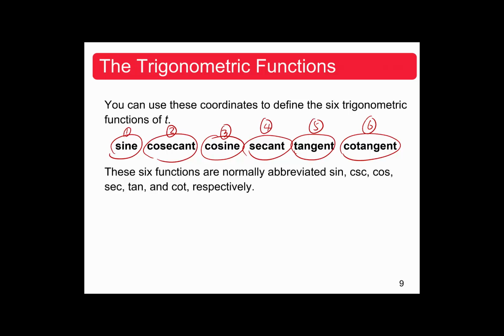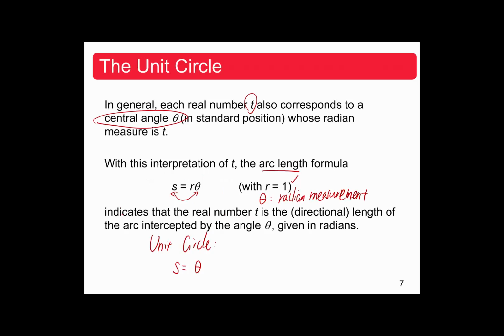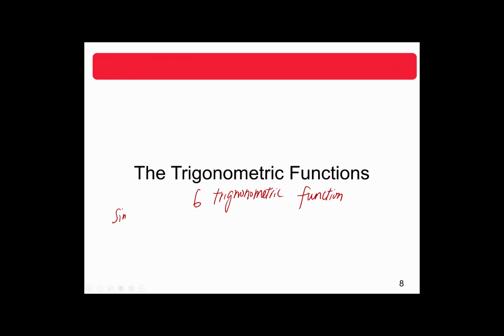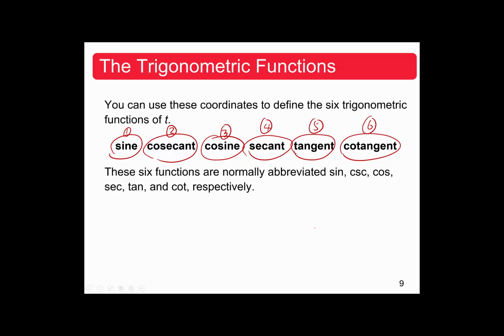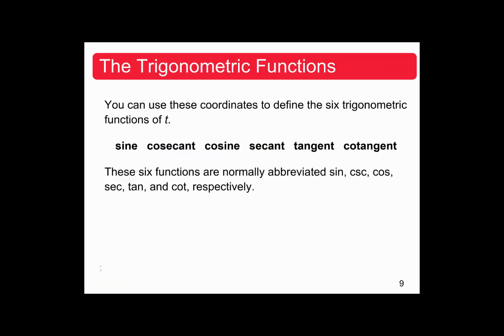The reason they put them in such order is that sine and cosecant are reciprocals. That's the relationship between sine and cosecant. The product of those two functions equals 1. So sine theta times cosecant theta equals 1.